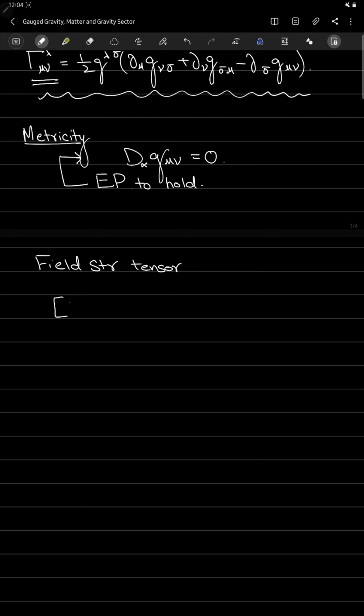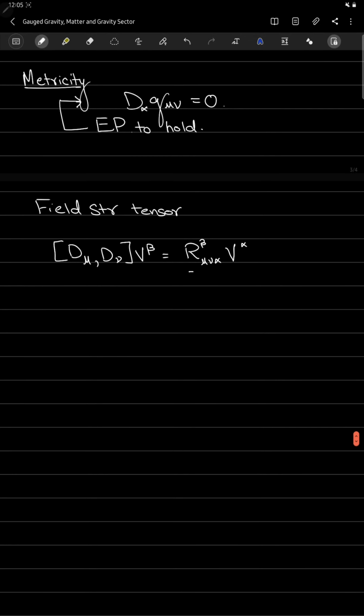So this would again be defined by the commutator relation of the covariant derivatives acting on v_β, which is equal to R_{βμν}^α times v_α, right? And we're getting somewhere now, because this gives us an expression for R_{βμν}^α, and we'll soon see what this thing is.